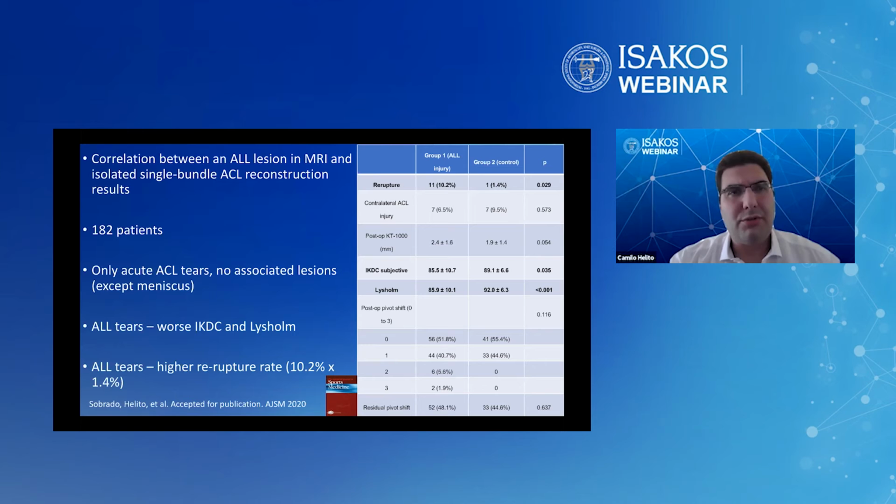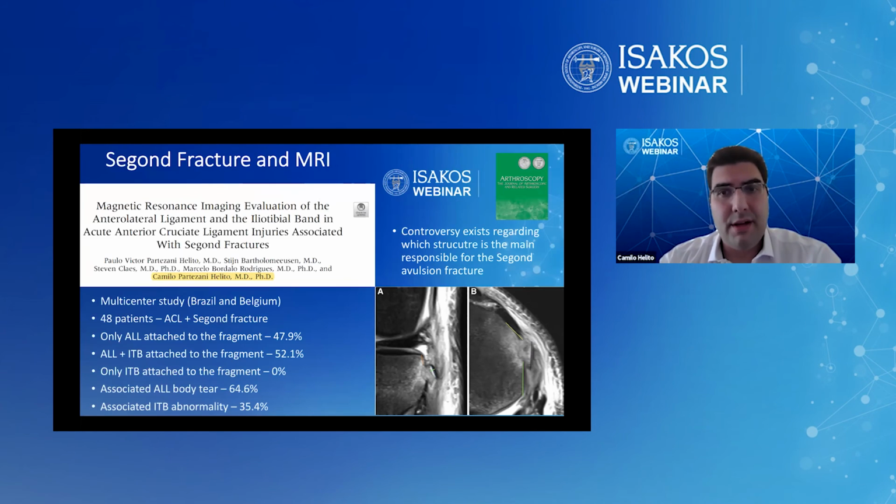We did a correlation study between an ALL lesion in MRI and isolated single bundle ACL reconstruction. We evaluated 182 patients, and we showed that patients with an ALL tear present worse IKDC and worse lesion scores, and also a higher re-rupture rate, showing the importance of recognizing an ALL lesion in the preoperative scenario.